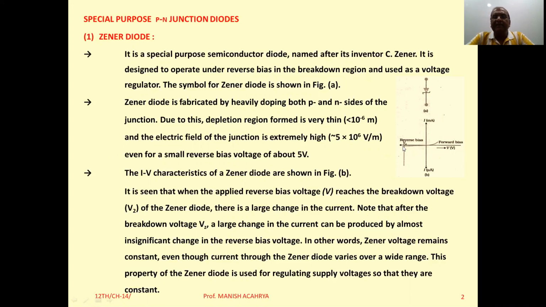Here, the reverse breakdown voltage is called Zener voltage, and exactly at that voltage, all of a sudden, a rapid increase in the current takes place. So here current increases like this, but the voltage remains constant.